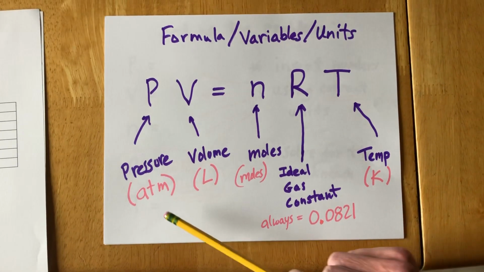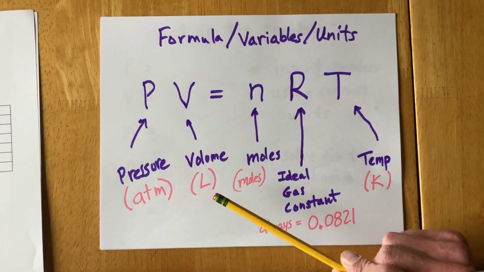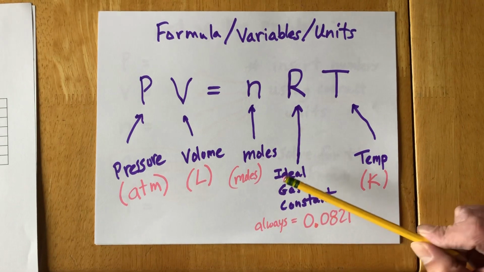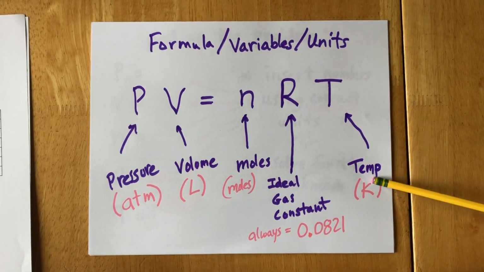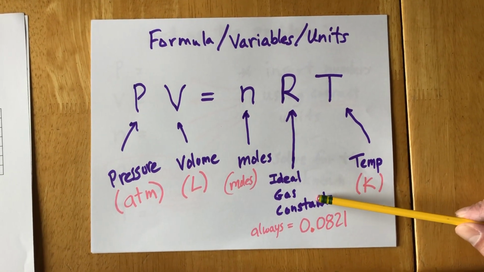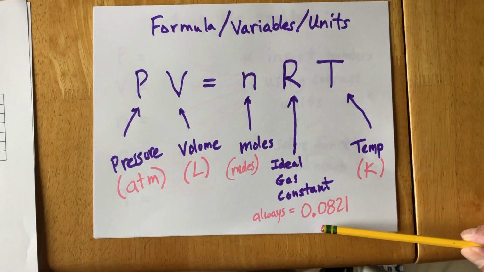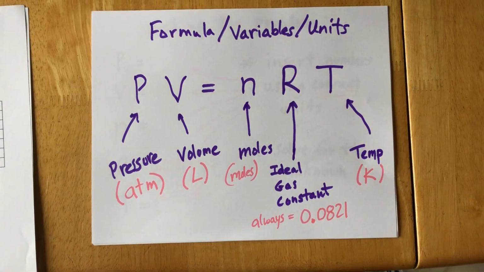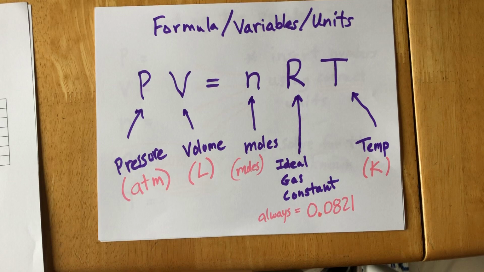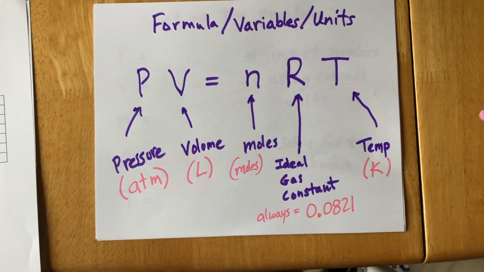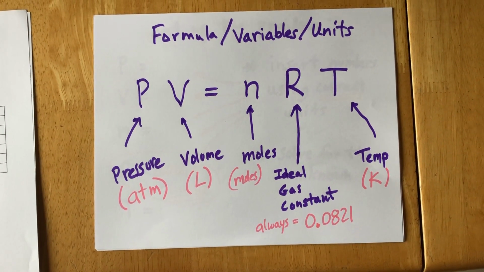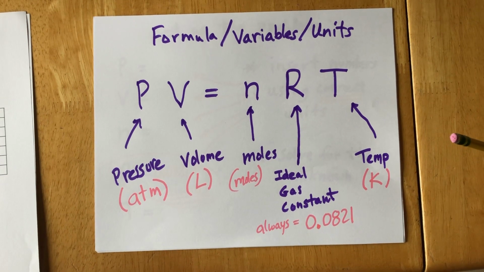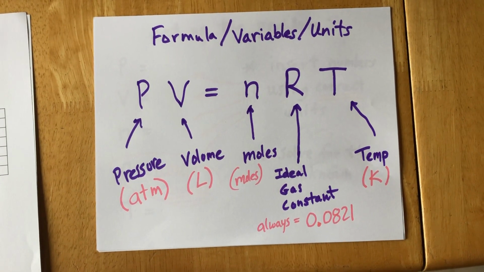Pressure has to be in atmospheres, volume in liters, moles is moles, and temperature has to be in Kelvin. The constant R is always 0.0821, and it doesn't change, so wherever you have R, just insert 0.0821.